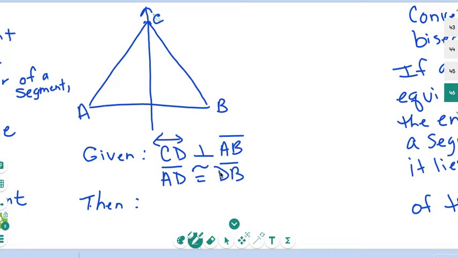All right, so given line CD is perpendicular to AB. So we have our line drawn, and perpendicular means I have right angles. Given AD is congruent to DB.